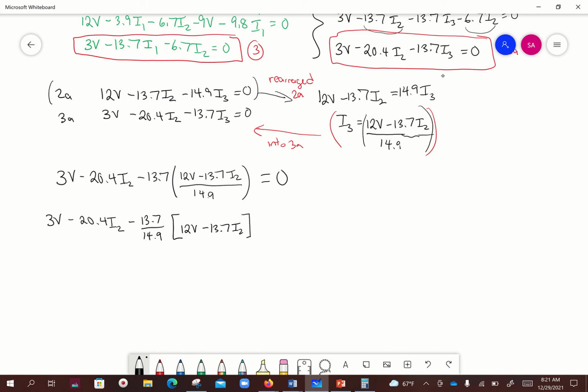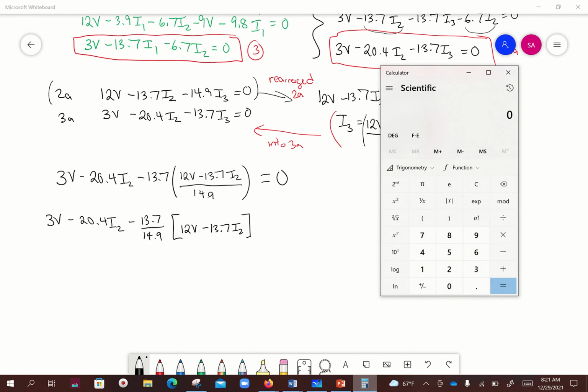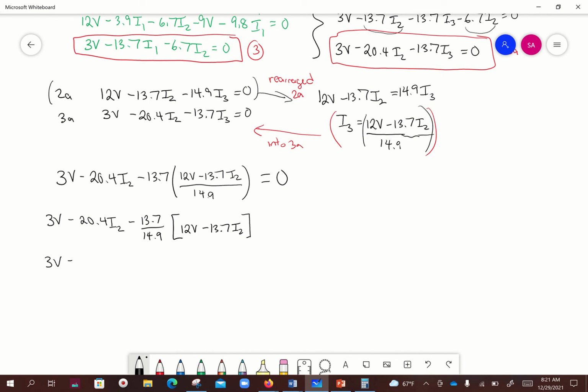Okay, so let me use the calculator first and figure out what's 13.7 over 14.9. So 13.7 divided by 14.9 is 0.9195. Let me keep 3 sig figs. So 3 volts minus 20.4 I2 minus 0.9195 times 12 volts minus 13.7 I2.